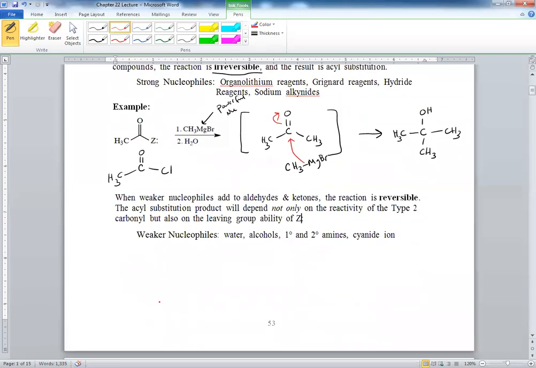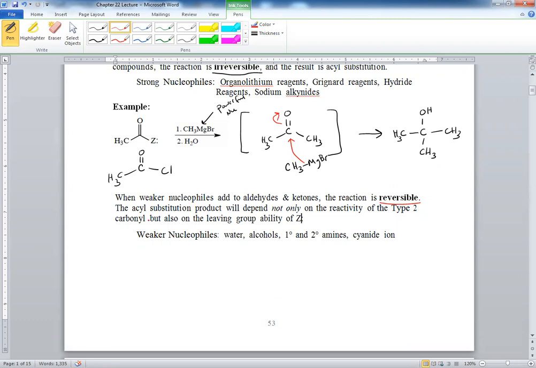Now, of course, in the last chapter, Chapter 21, we explored reacting aldehydes and ketones with weaker nucleophiles, and we said those reactions were reversible. Now, we will apply concepts from Chapter 20 and Chapter 21 to acyl substitution reactions. But there is a very, very important piece of information here.